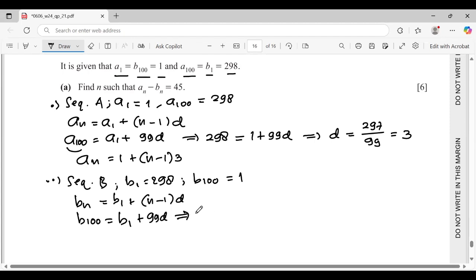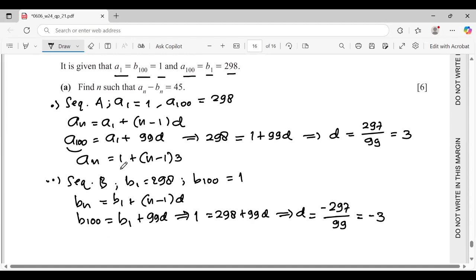So 1 equal 298 plus 99D. We can determine D equal 1 minus 298 over 99, which is minus 297 over 99, and the result is minus 3.